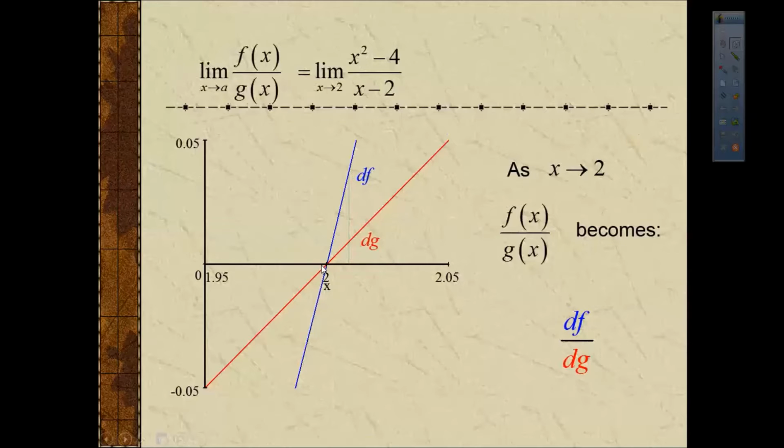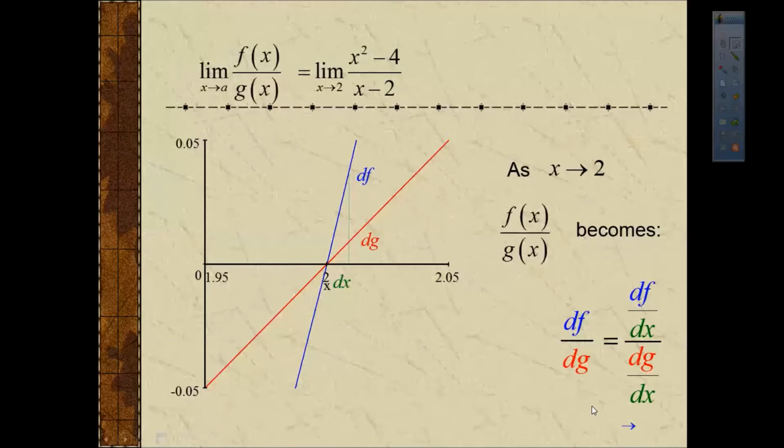These differentials are a very small change in x producing a very small change in f, and a very small change in x producing a very small change in g. And df over dg, if we are looking at these with respect to x, then we could say this is equal to the ratio df/dx over dg/dx.